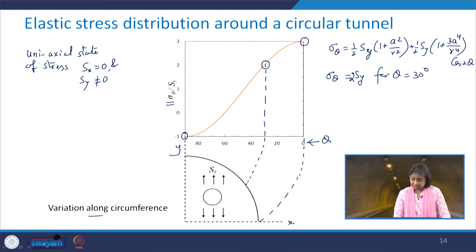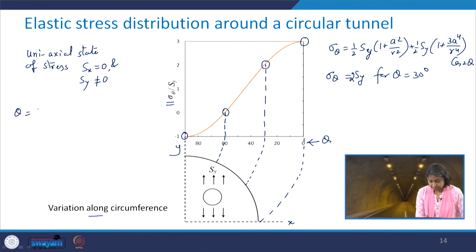Similarly, maybe you can consider theta equal to 60. Some typical values I am just taking. Just substitute theta equal to 60 degrees here. So, you will have sigma theta, of course, we are considering at the circumference, so r is equal to a.